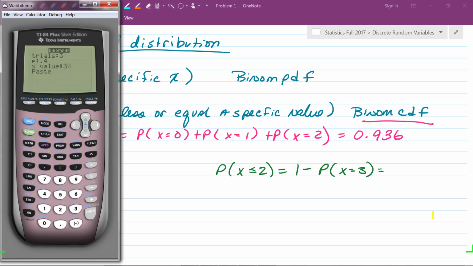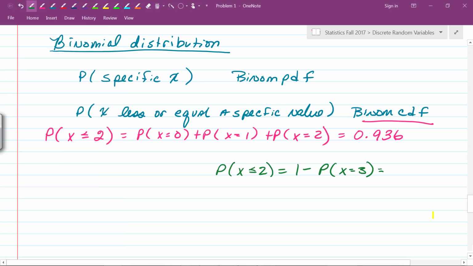It will give me the final answer of what is the probability that x is less than or equal to 2. Okay, so I'm doing that in one step. I hit enter probably 3 times. And there you go, 0.936. So that is another way of solving that exact same question.